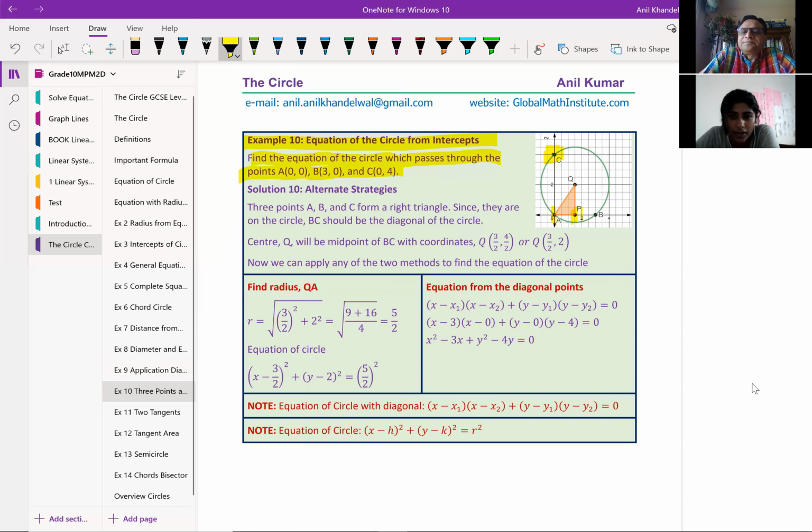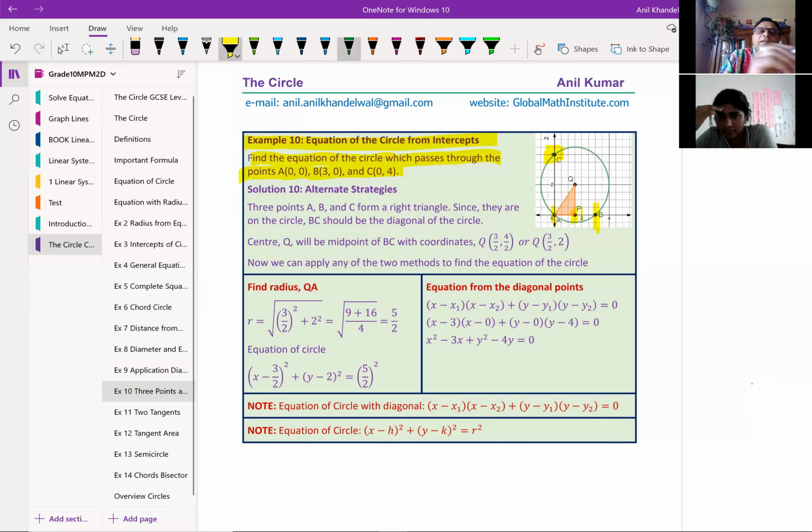A is 0, 0, B is 3, 0. Here is B. So we got 3 points. A circle is uniquely identified with these 3 points. Now I'll tell you one key thing.